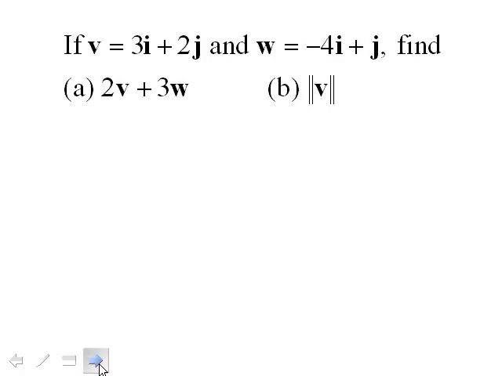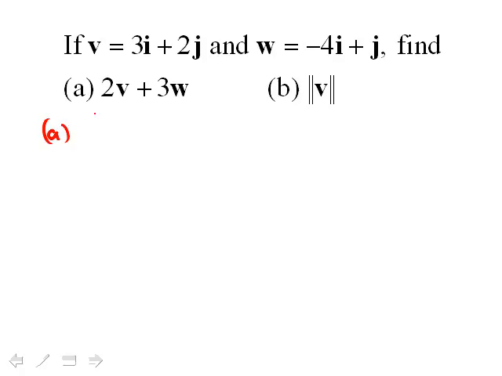Let's do some combinations now. If v is 3i plus 2j, and w is minus 4i plus j, let's keep track of this linear combination, 2v plus 3w.